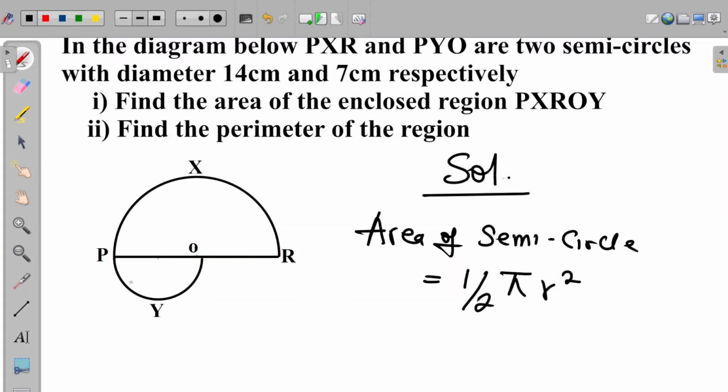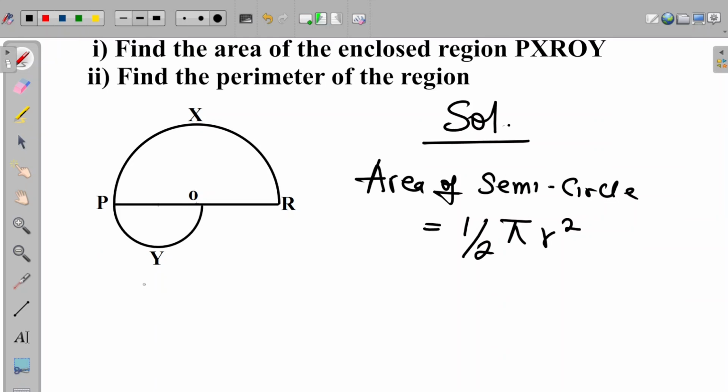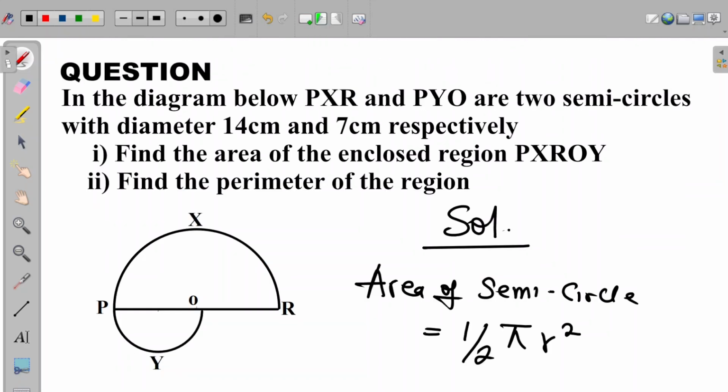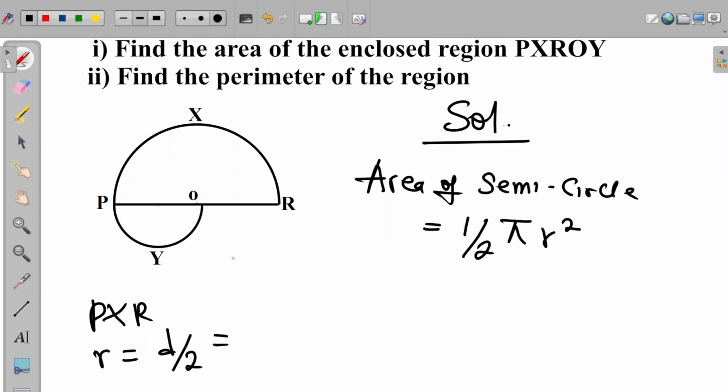Now, for semicircle PSR, radius is equal to diameter divided by 2, and diameter of PSR is giving us 14 cm. So we have that 14 divided by 2 is equal to 7 cm.